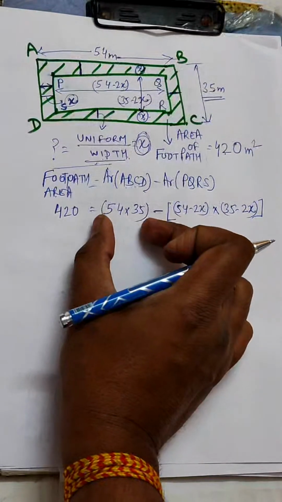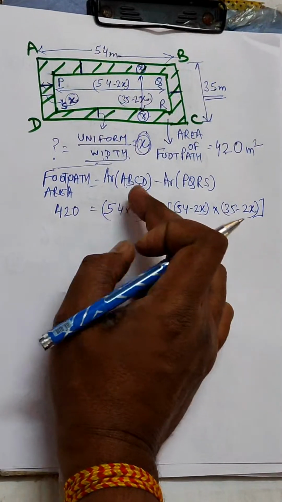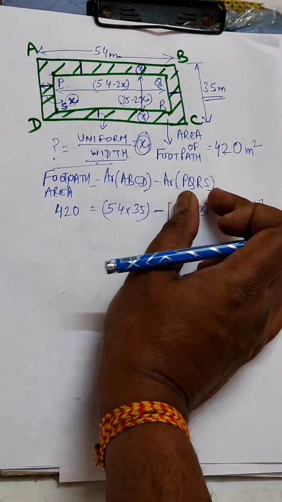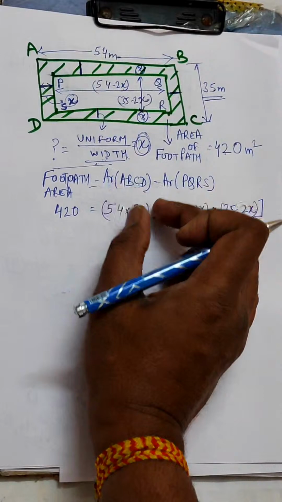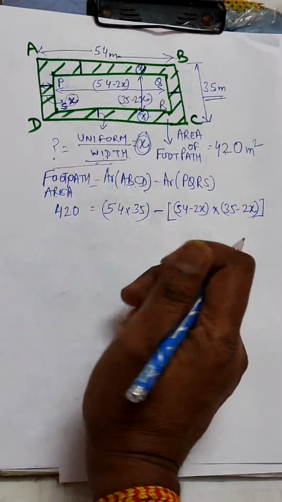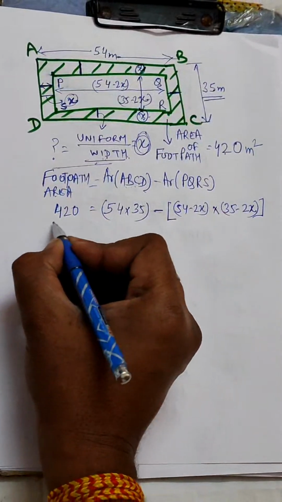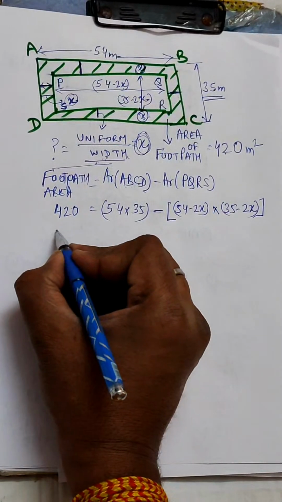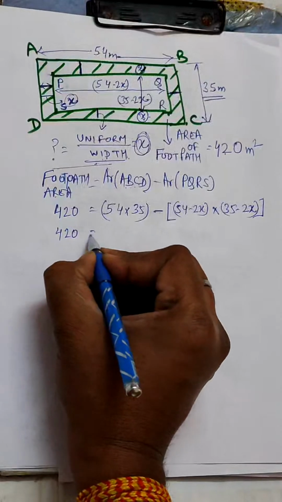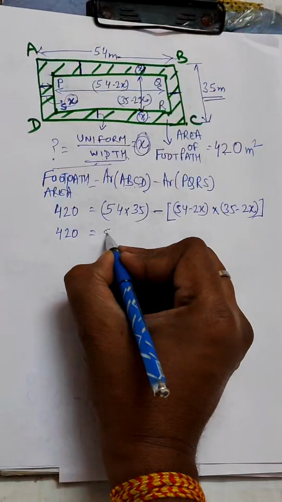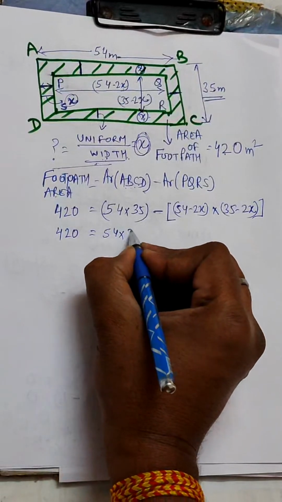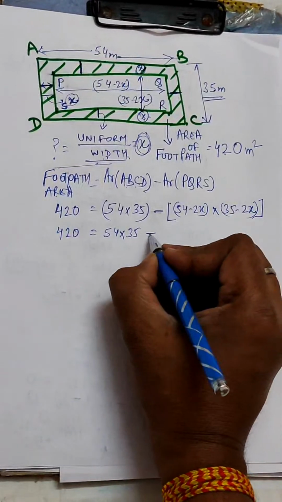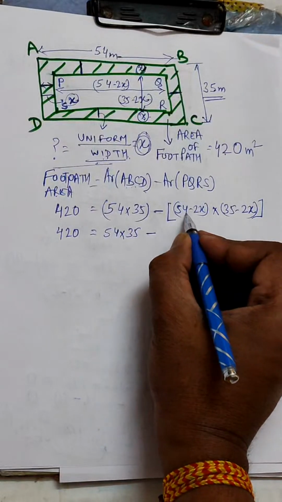When you subtract the area of rectangle PQRS from ABCD, you will get the footpath area, right? So here, just solve it. Now this will give you 420 equal to 54 into 35. Don't multiply it as of now, because otherwise you would need to do a bigger calculation in the next step.